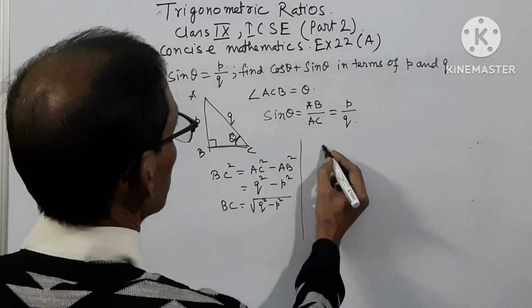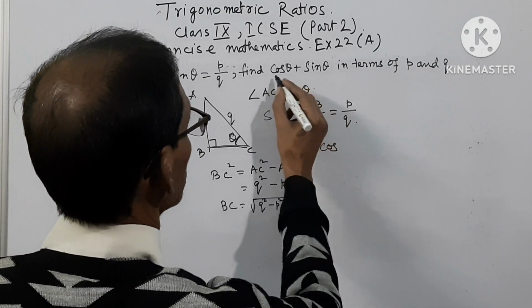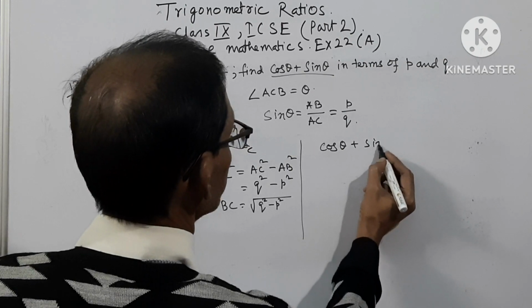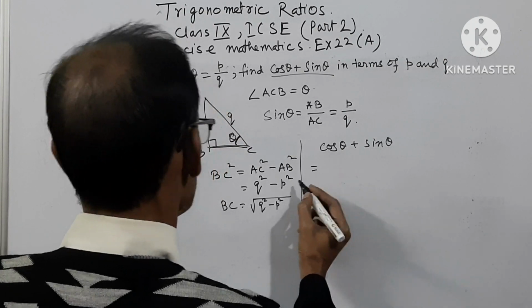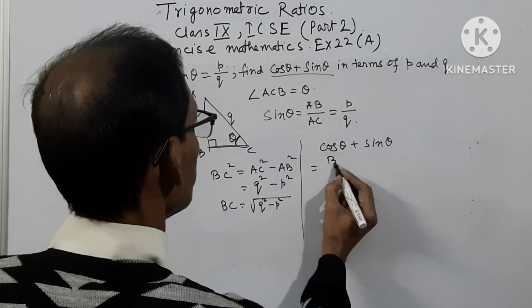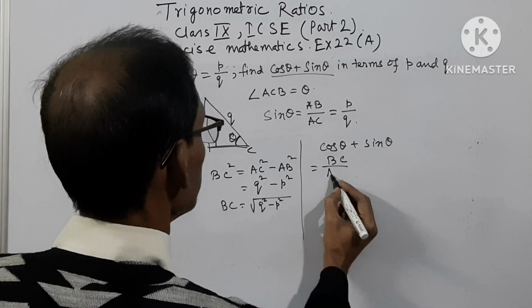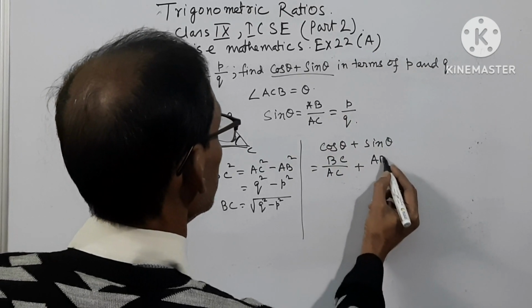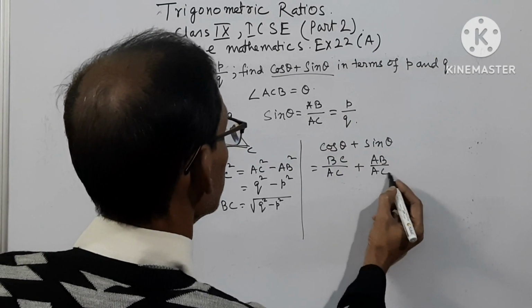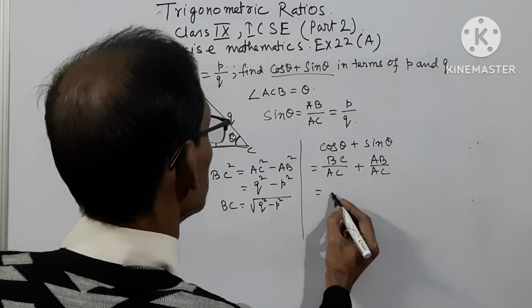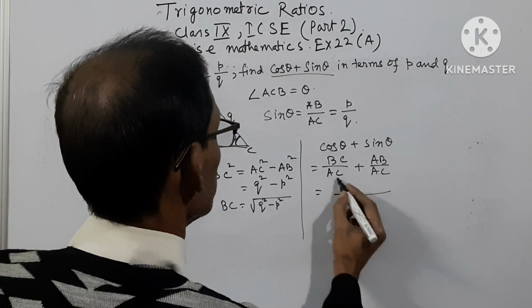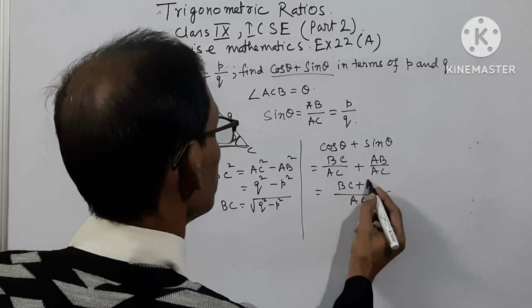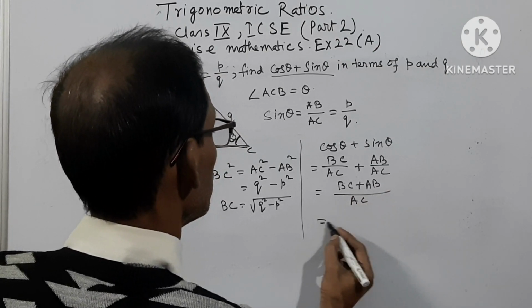So our sum is cos theta plus sin theta. Cos theta is BC by AC and sin theta is AB by AC. So BC plus AB over AC.